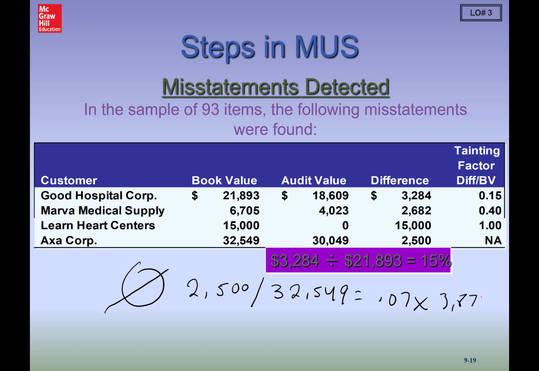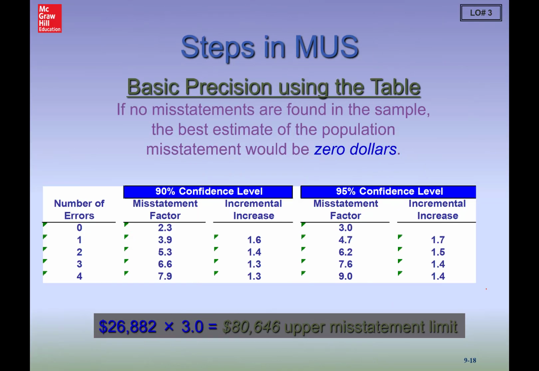3877. Say it again. 26,000. Okay, I'll just look it up myself. Okay, so the sampling interval was 26,882.